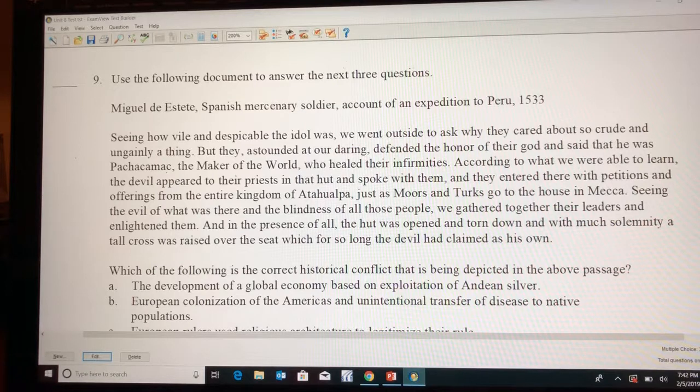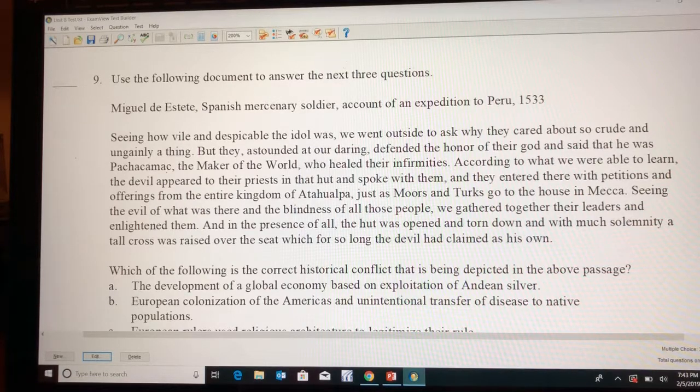Okay, so apparently the natives have this God and they're giving him petitions and offerings. They're giving him stuff. "Seeing the evil of what was there and the blindness of all those people, we gathered together the leaders and enlightened them." So these soldiers do not like their God, and they're going to try to enlighten them, to teach them something.